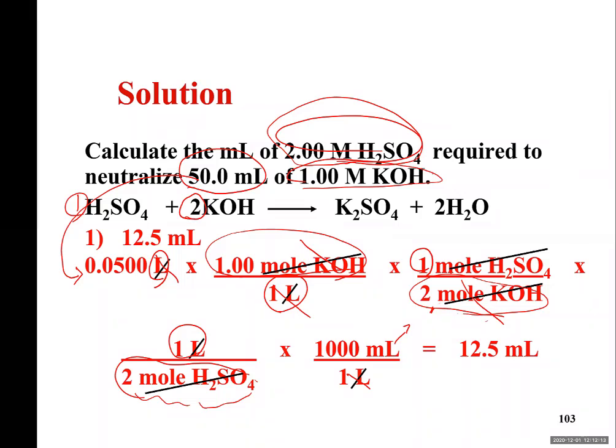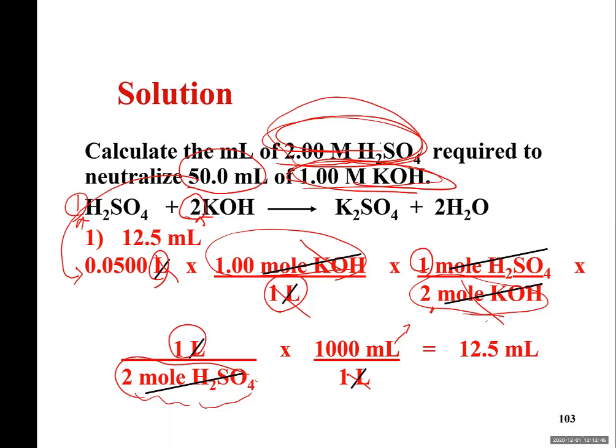Then, look at the ratio converted to number of moles of sulfuric acid and divide that by molarity to calculate the volume. You can choose any approach that you want, but this is the shortest approach. Using conversion factor simplifies your life, avoids error.